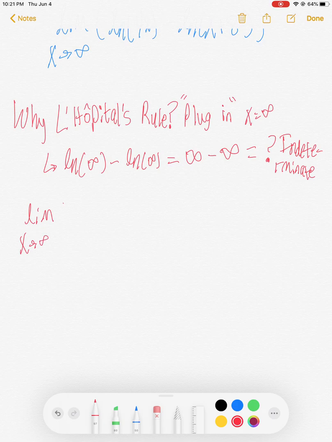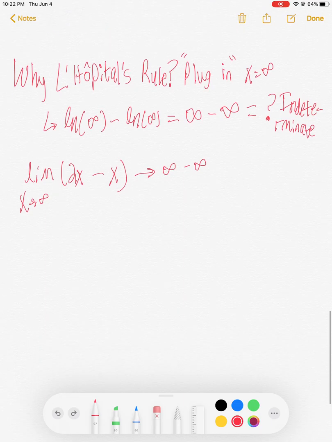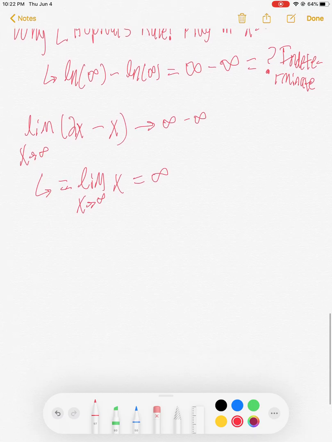The basic idea in terms of why this is indeterminate is that if I wanted to look at the limit as x approaches infinity of 2x minus x, well, if I plug in infinity, then I have infinity minus infinity.